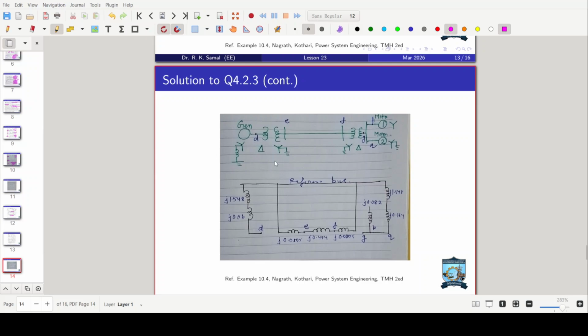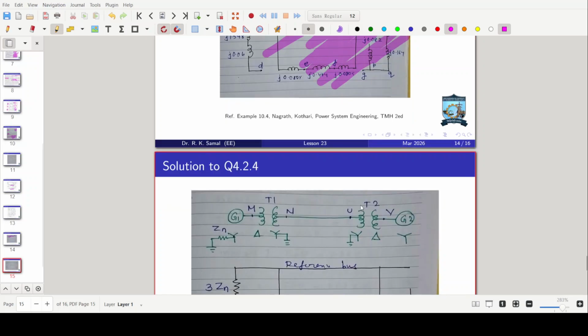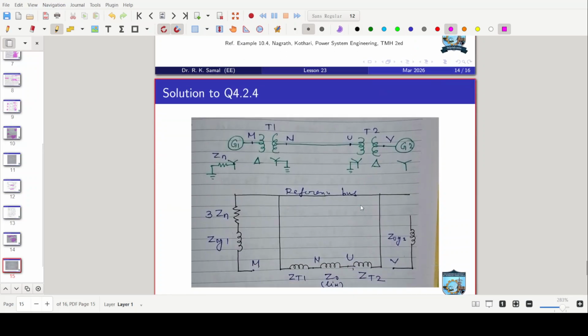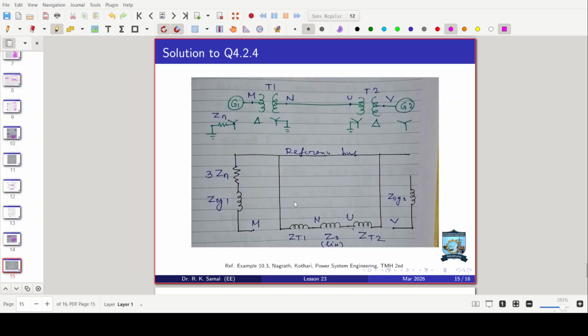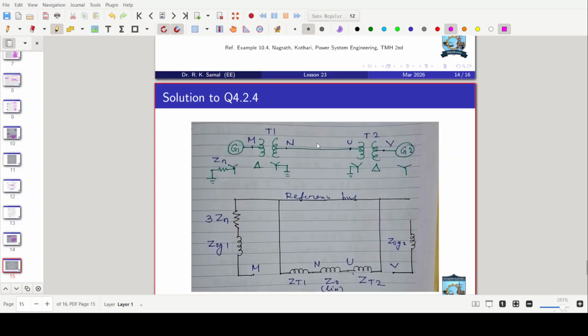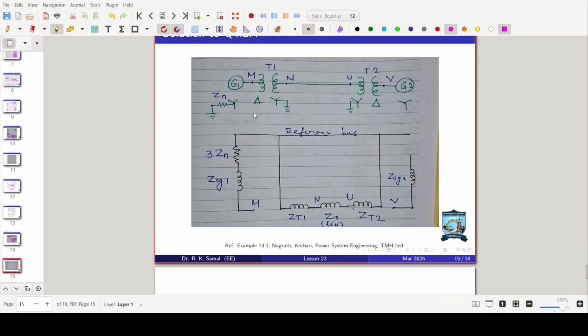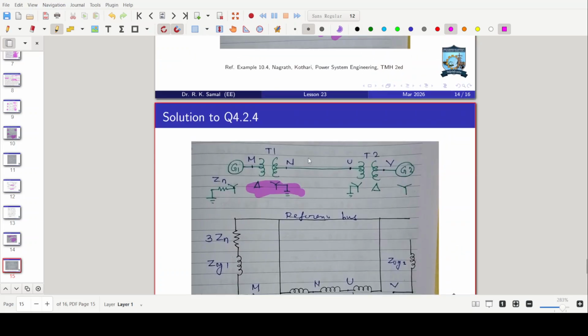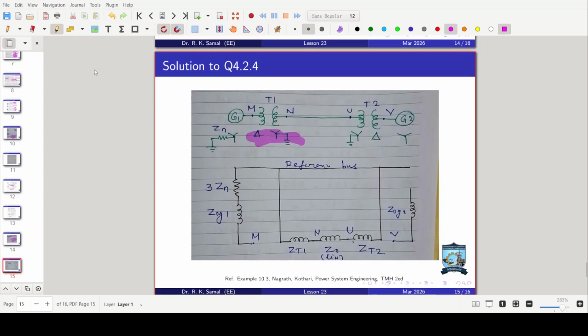For this particular circuit, the zero sequence network is given by this. Similarly, question number 4.2.4. This is the normal zero sequence network, and this is another zero sequence network example with these transformer connections. In class you may not be able to solve it in detail, so we will see these problems.